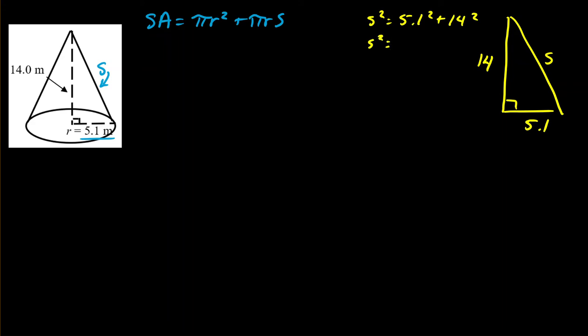S squared is going to be 222.01. If we take the square root of that, we get 14.9 meters. Perfect.